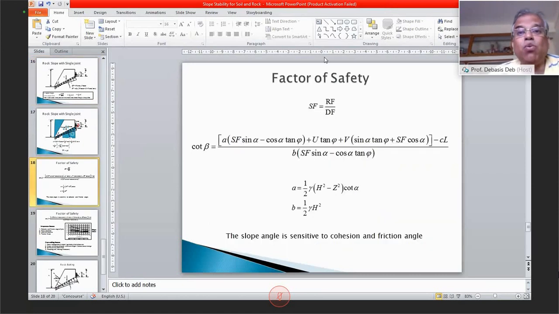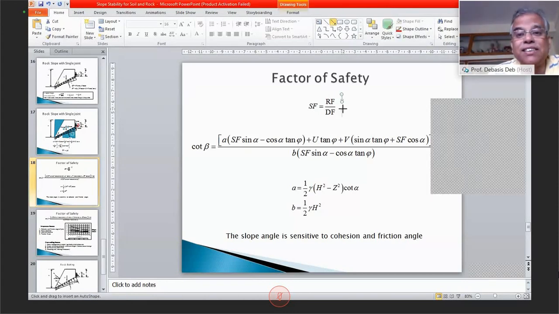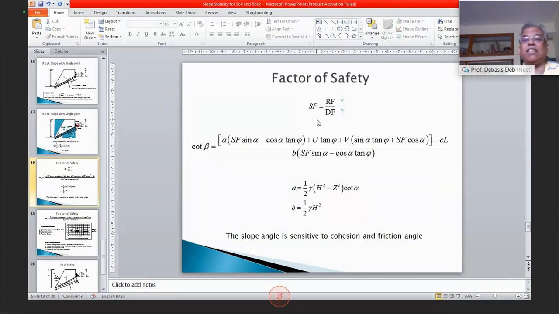If water exists, this RF goes down and this DF increases. So what happened to the safety factor? It drastically falls, right? Numerator decreasing, denominator increasing. So you can now see how water affects slope stability.